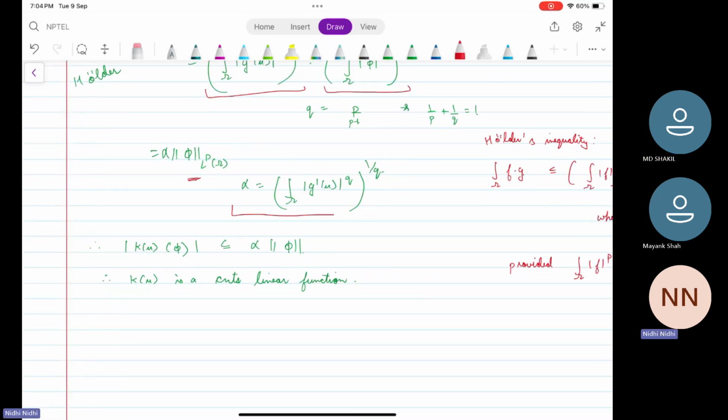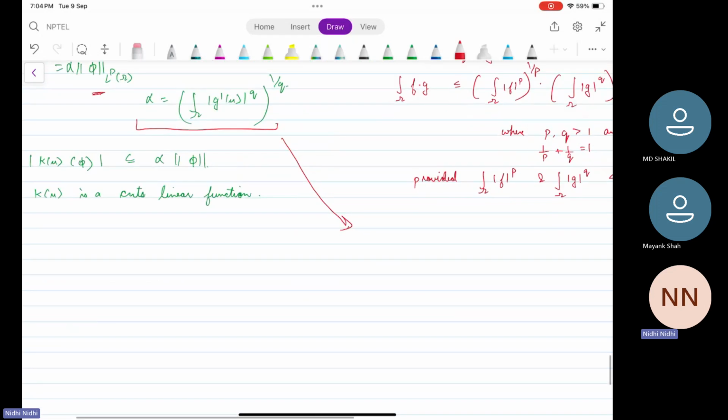It will be a constant because we know that g is a C^1 function. This implies g' is continuous and Ω is some bounded domain. So we know that every continuous function on a bounded domain is integrable, and eventually its power q will also be continuous.